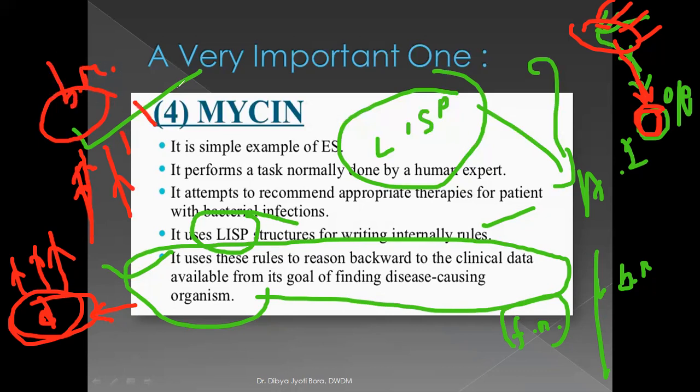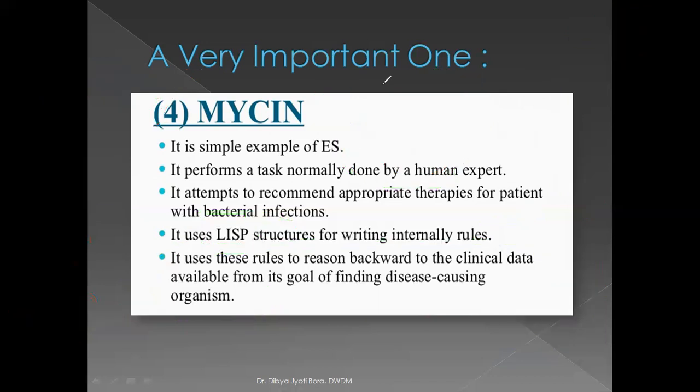In the case of Mycin, we apply that. And for that we use LISP, that is list programming. I have given a brief introduction of Mycin because of its importance, that it has been asked many times in the UGC NET examination. But you also go through the other expert systems that I have cited. Very important.